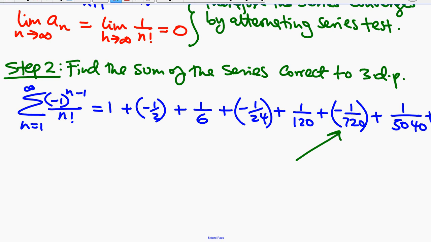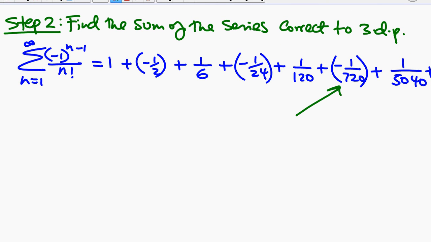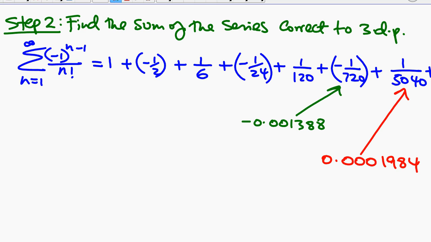This will be negative 0.001388. And if you work out that one, this will be 0.0001984.